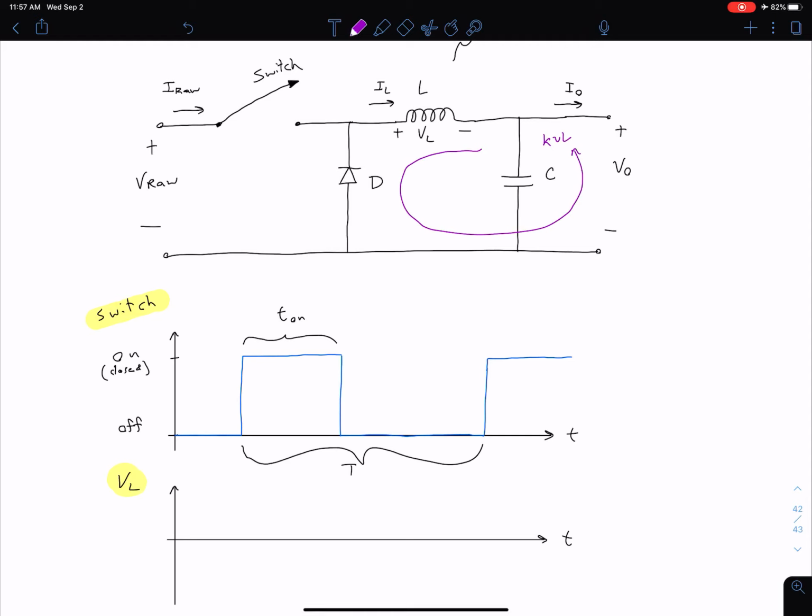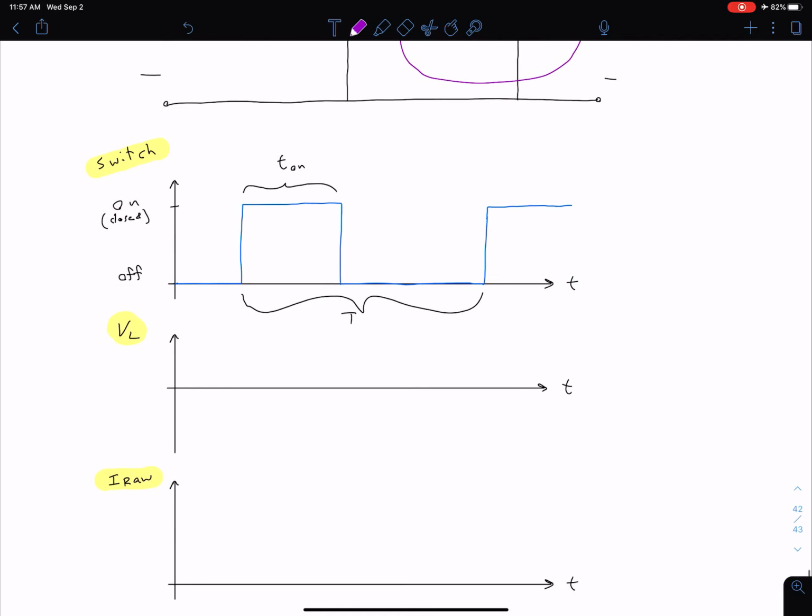One thing to note is that we're assuming we have no losses in our coil, so in our inductor, our switch, or our diode. Let me make a note here that we're neglecting inductor, diode, and switch losses, so we're assuming all of these components are ideal.